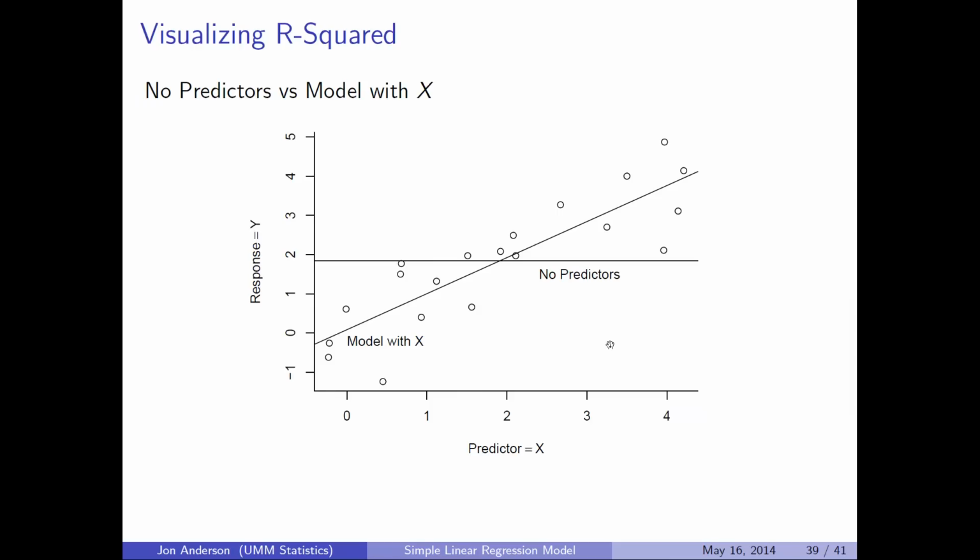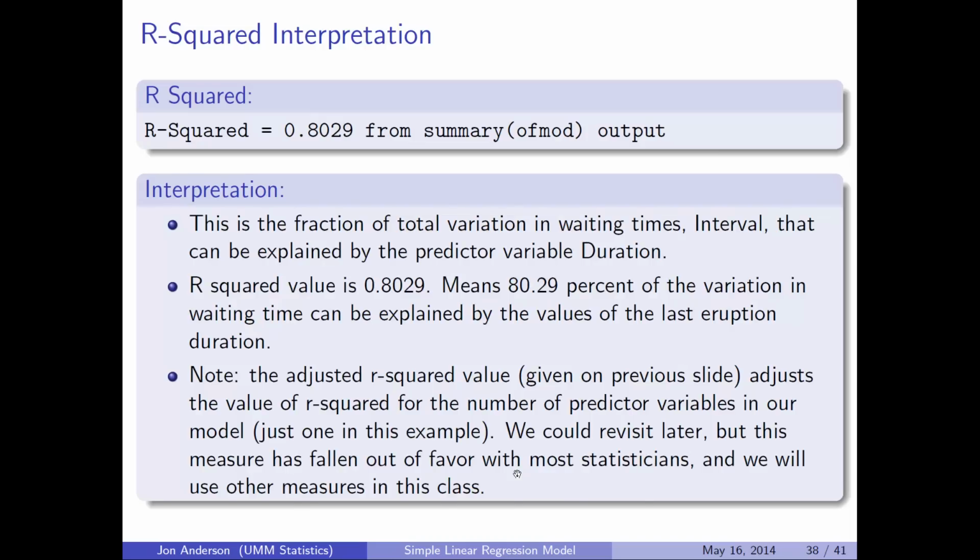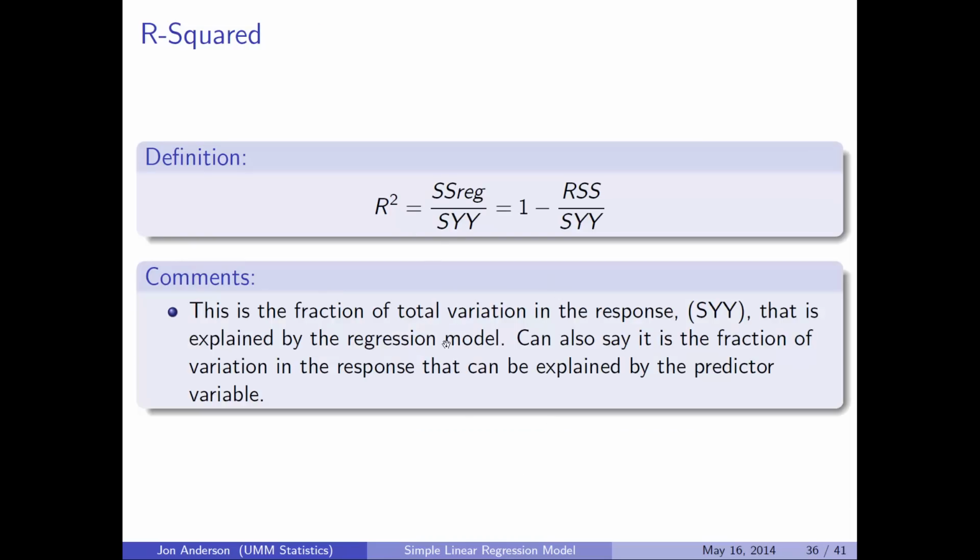Here's a picture of the parts of the variation. Here is the representation for the variation in the points around the average of y. In other words, when there are no predictors in a regression model, the variation in the points around this y value or y bar is SYY, the total variation. We saw that right here in this formula.